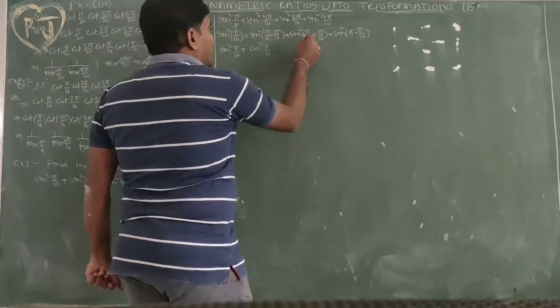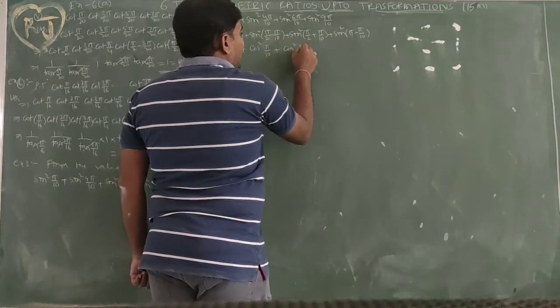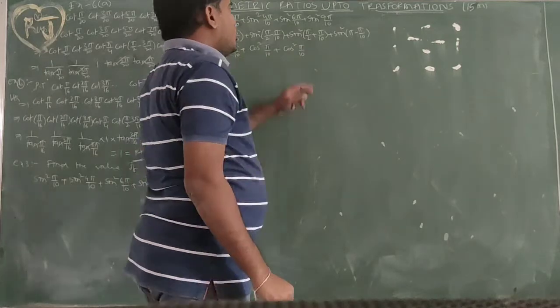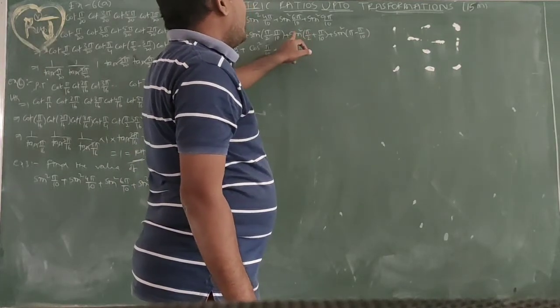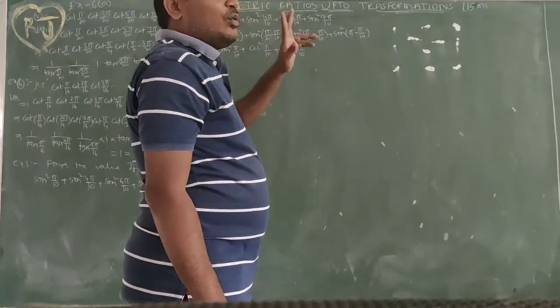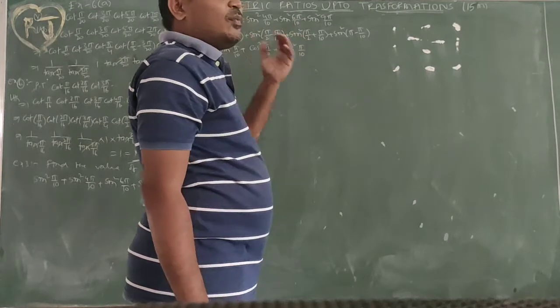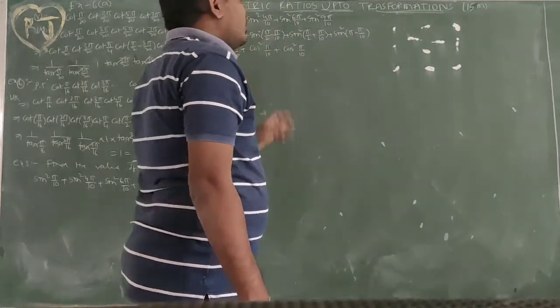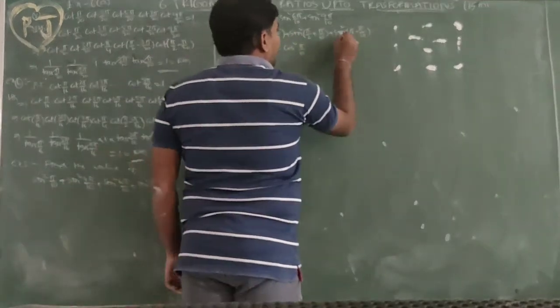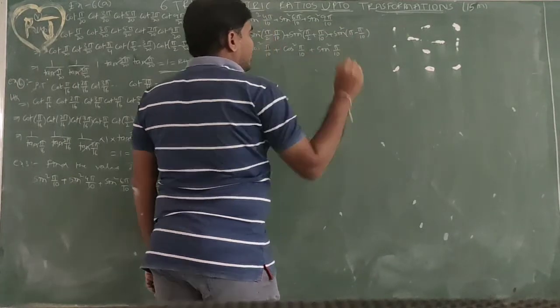Again pi by 2, sin will become cos square pi by 10. For pi by 2 plus, in the second quadrant sin is positive, and even if it were negative, the square will be positive. Okay, so 180 minus, sin stays, so sin square pi by 10.